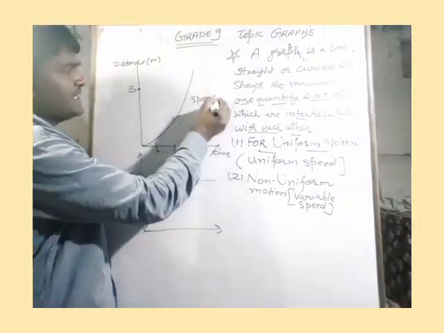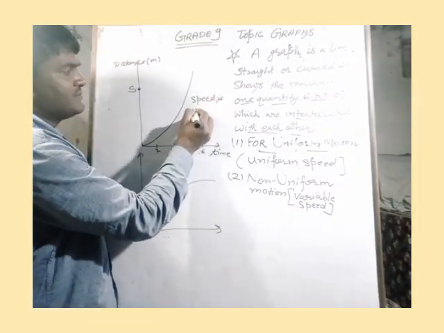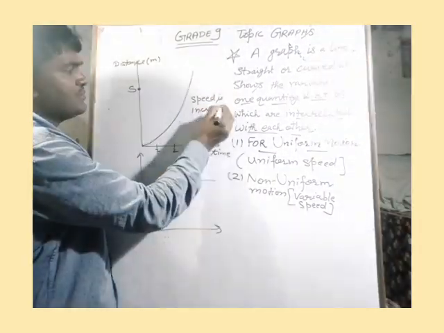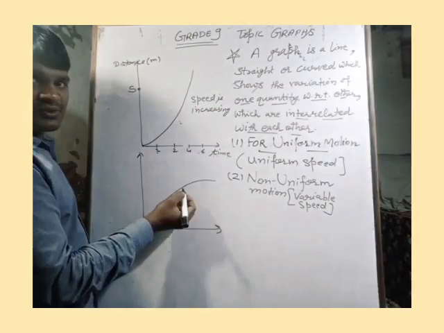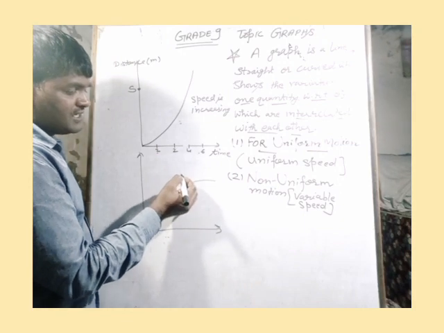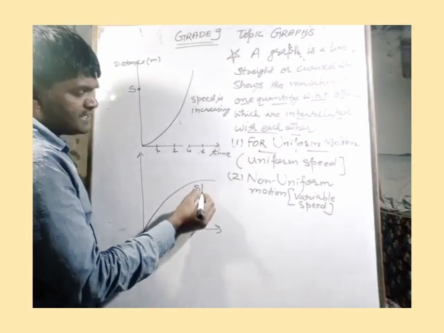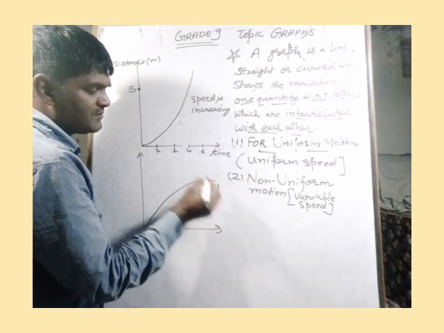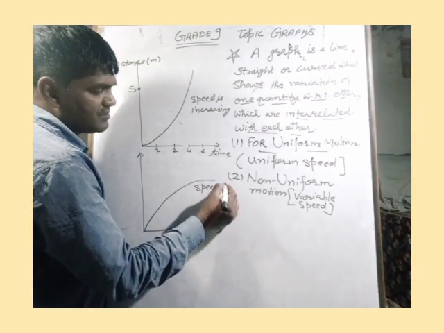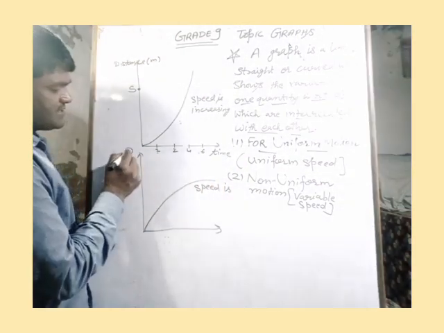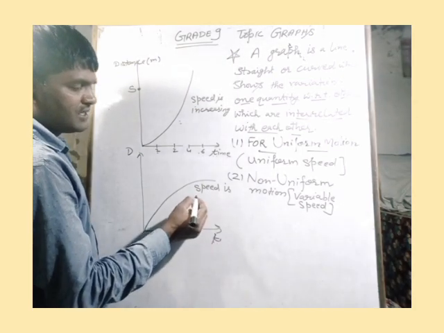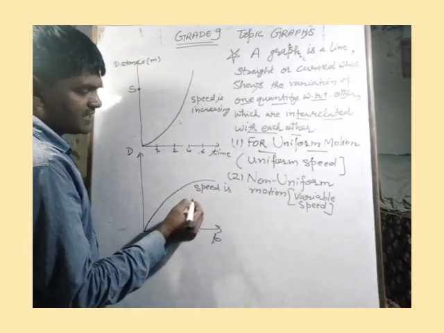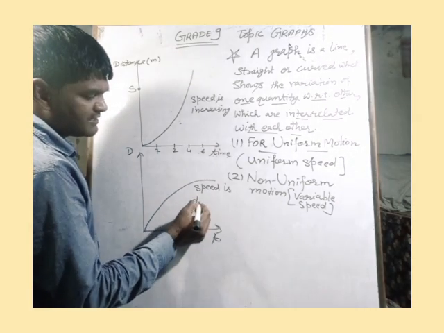Here speed is increasing with respect to time. But here, finally, what will happen? Speed is decreasing. You can say that the distance time graph for non-uniform motion is like that, and we can say that speed is decreasing.